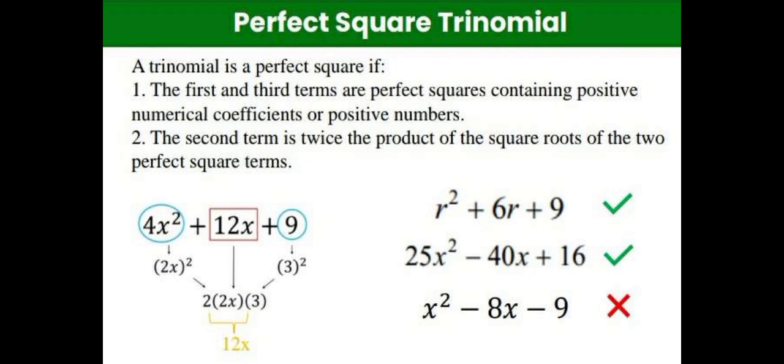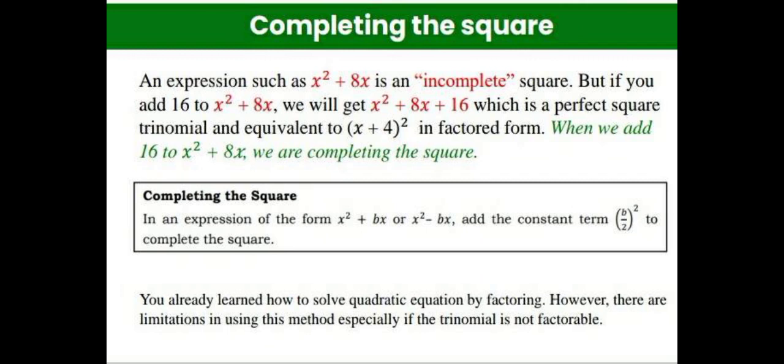Completing the square. An expression such as x squared plus 8x is an incomplete square. But if you add 16 to x squared plus 8x, we will get x squared plus 8x plus 16, which is a perfect square trinomial and equivalent to (x plus 4) squared in factored form.